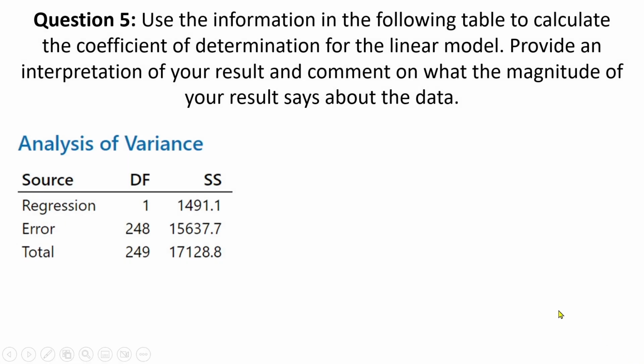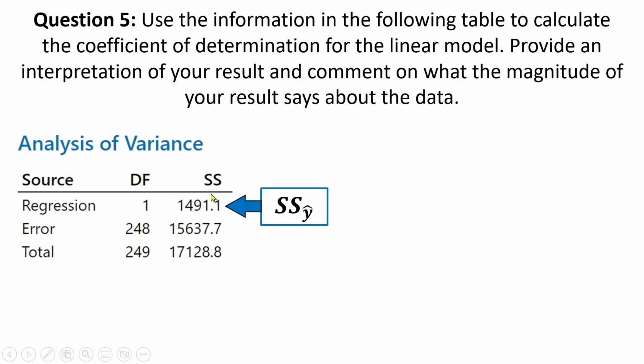So turning to inference, here we're going to use the information from the analysis of variance table. Here we're just computing the coefficient of determination. The point of this exercise is to help get it into your head what sums of squares measure and what the coefficient of determination measures. A sum of squares is a measure of variation.